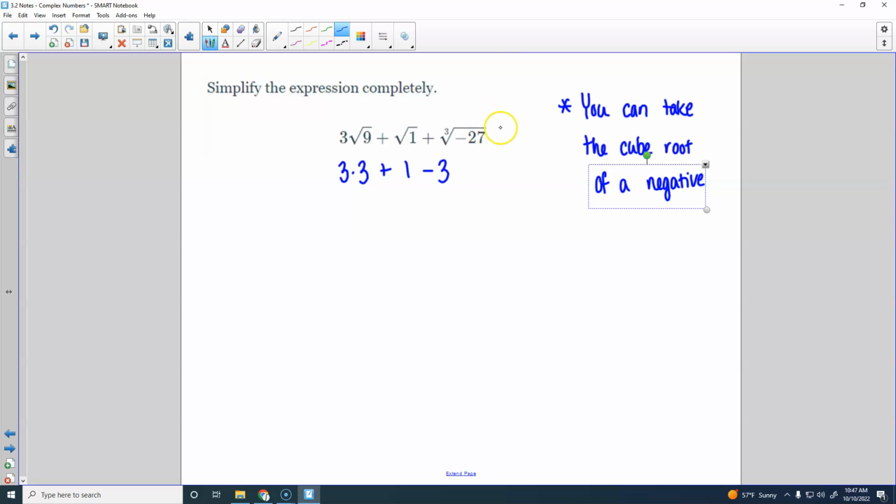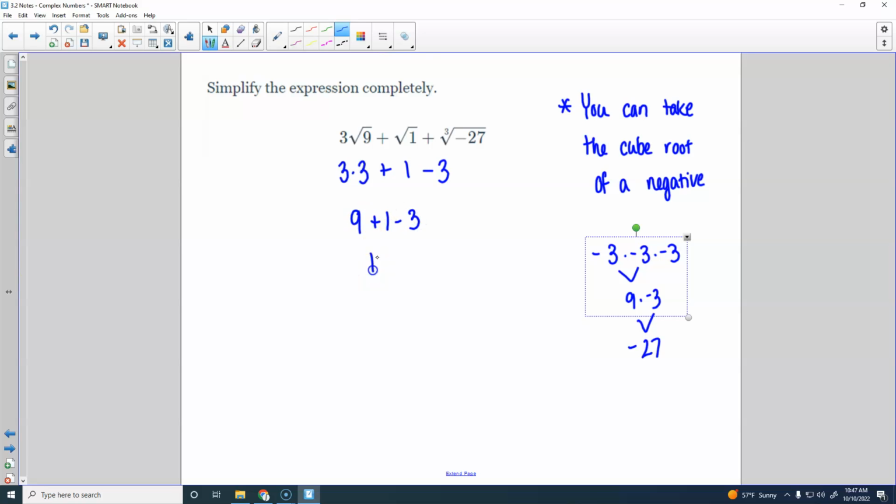The reason being because negative 3 times negative 3 times negative 3, that would give you 9 times negative 3, and that would give you negative 27. Whenever you raise something to the third power, you can get a negative number. So this would end up just being 9 plus 1 minus 3, so 10 minus 3 is 7.